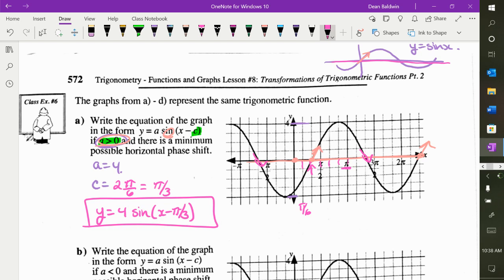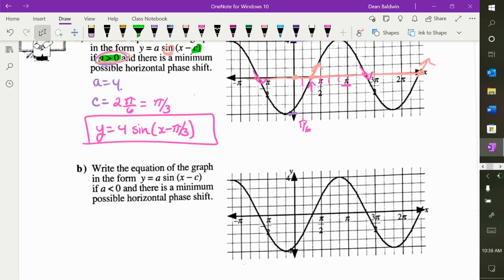All right. The one below it is the exact same graph, except now our A value has to be negative. So if the A value is negative, what's the A value? Negative 4. Okay.